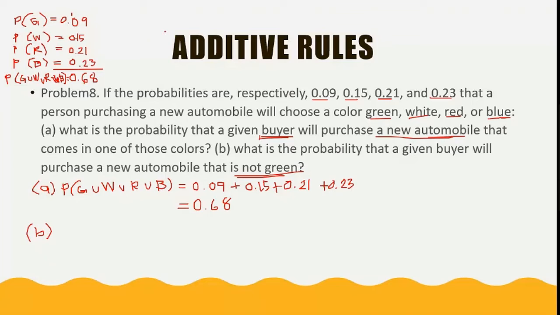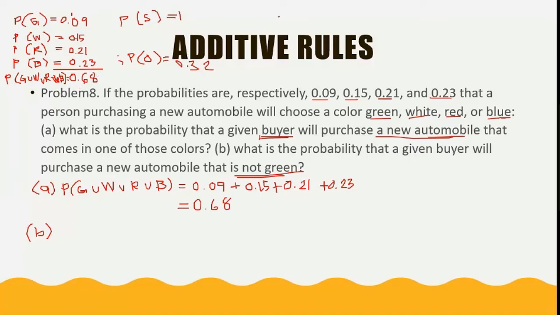If you remember, the probability of the sample space is equal to 1. Therefore, if we denote O to be the probability that you will not buy any of these colors, that would be 1 minus 0.68, that is 0.32, right?